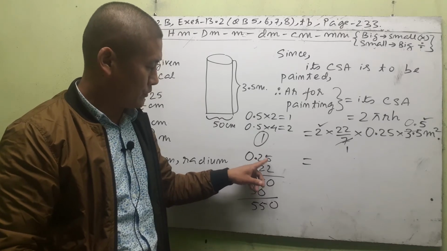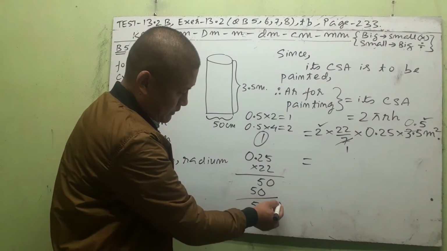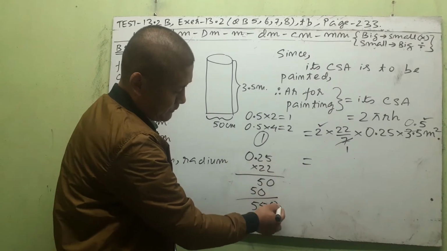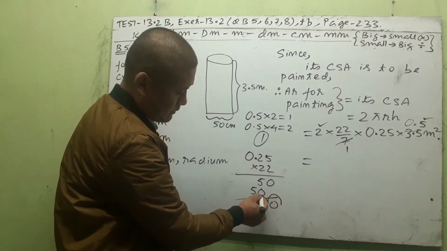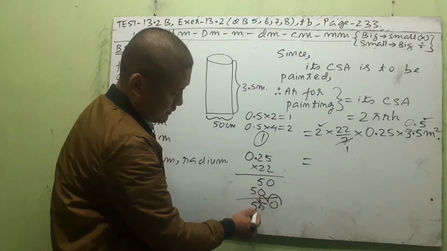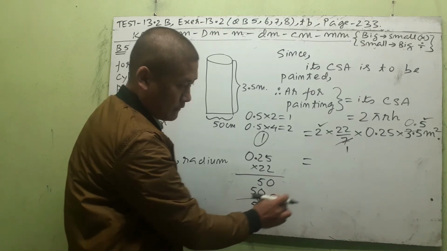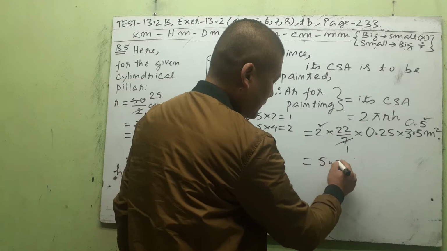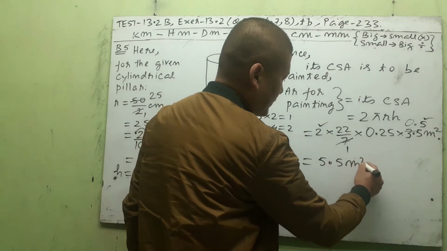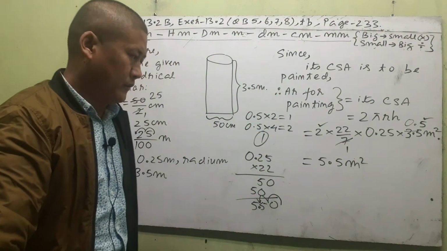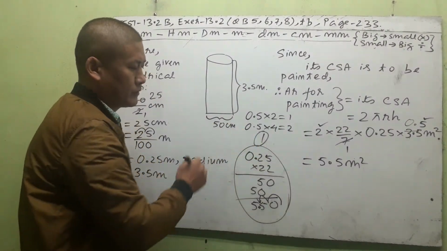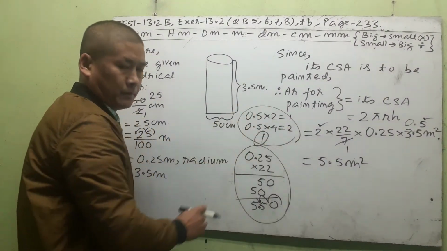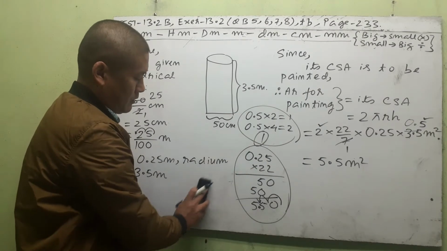So here 1, 2. So since there are 2 decimal places in the whole thing, from the extreme right, we start 1, 2. So the decimal will come between these 2 5s, which will become therefore 5.5 meters square is the area, curved surface area over which we're going to have to paint. As I said, you can write these things on your rough. It will help you next year.